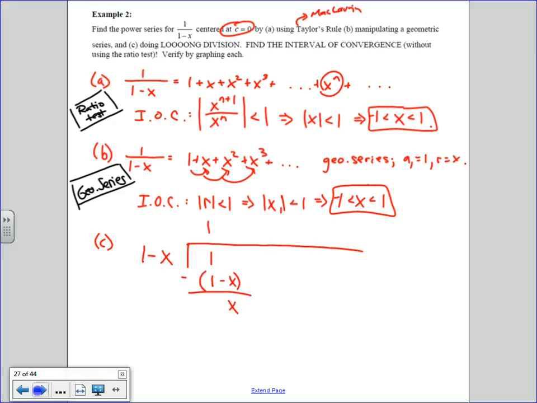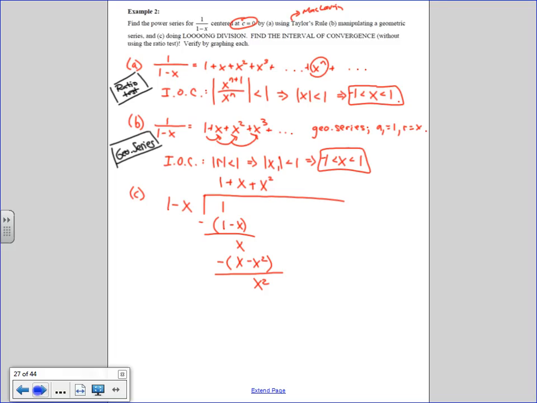How many times does 1 go into x? x times 1. x minus x times x, x squared. 1 goes into x squared, x squared times 1. x squared minus x cubed. Ethan's mind just got blown. And I get x cubed. Whoa! What just happened? My world has been turned upside down.